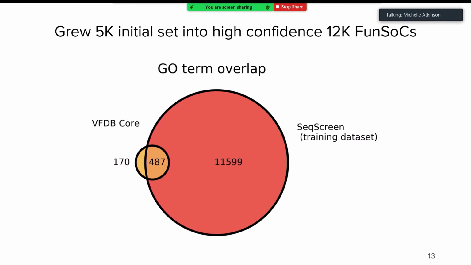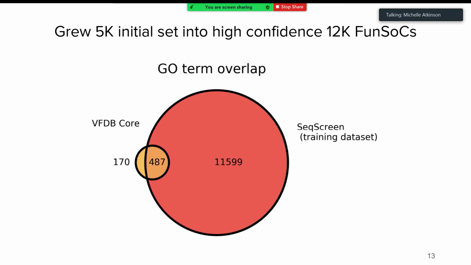And just to give you some context about what was done previously, the prior best known database out there was something called VFDB, the Virulence Factor Database. If we look at the amount of information it contains in terms of functions of sequences of concern, we have this little dot of about 500 total proteins in a database of millions.